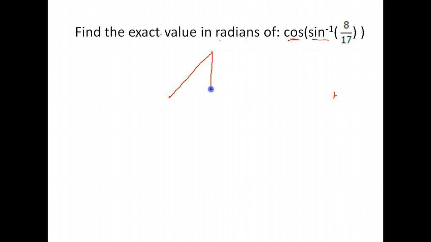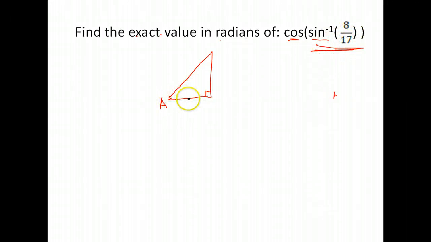One thing we can do instead is use a right triangle. So let's say here's my angle. What does sine inverse of 8/17 mean? It means what angle has a sine of 8/17.